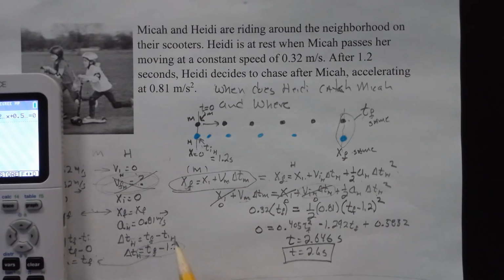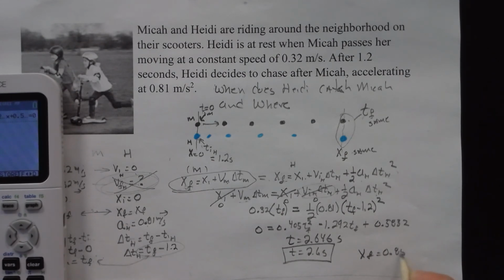And if you do that, you get 0.85 meters. And that again comes from x final equals x initial plus velocity of Micah times change in time of Micah.